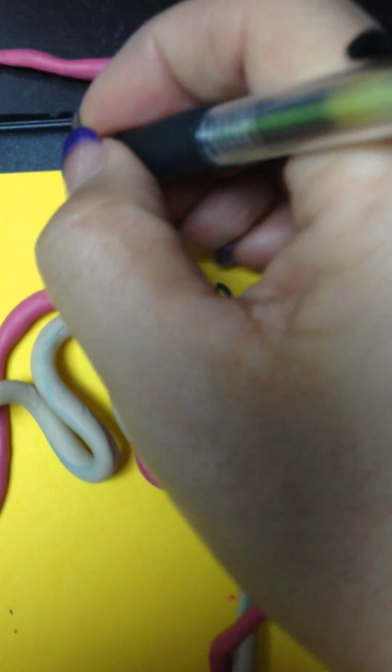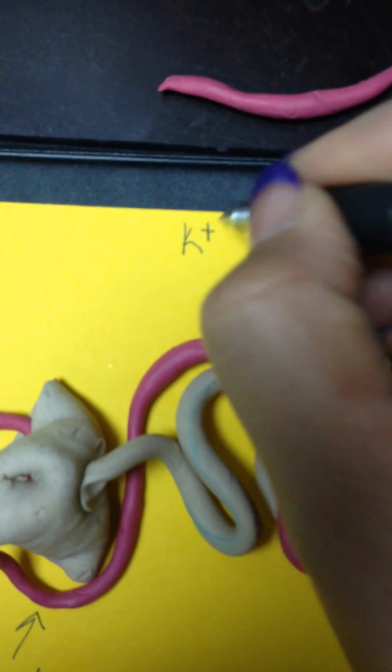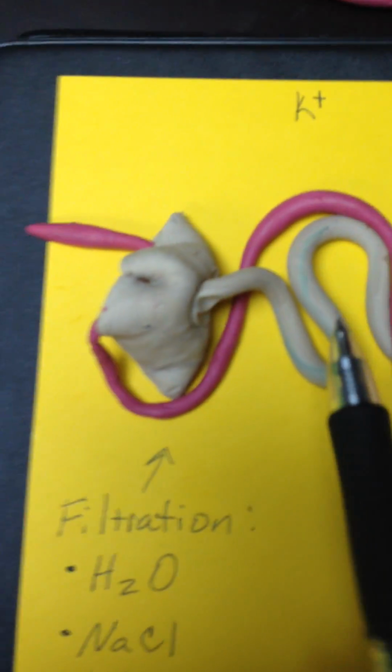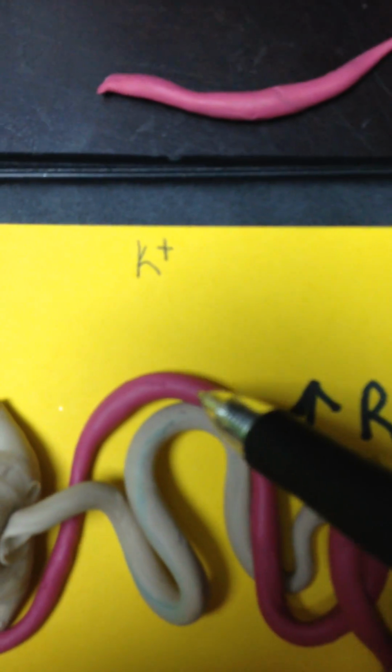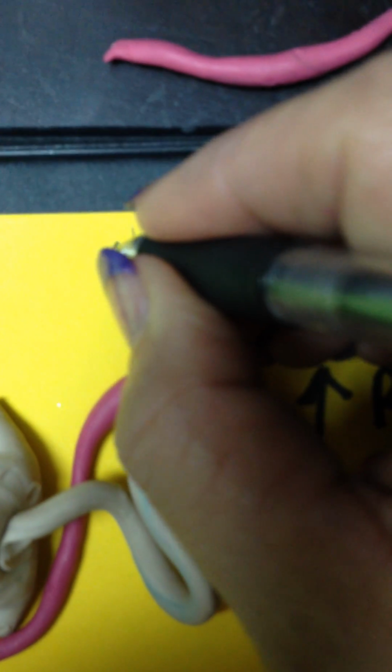And what we're going to reabsorb is going to be potassium again. We just took it out. This is everything into the filtrate, into these tubes. Now we're going to take it back into the blood. So we're going to reabsorb potassium.